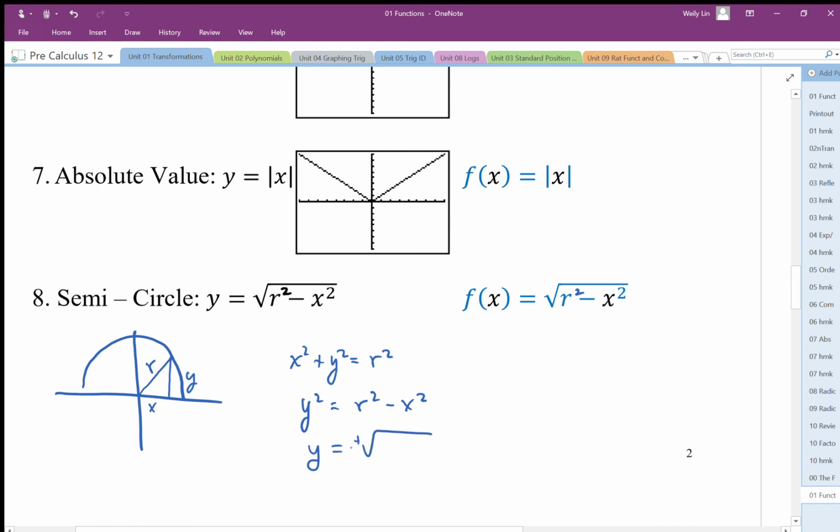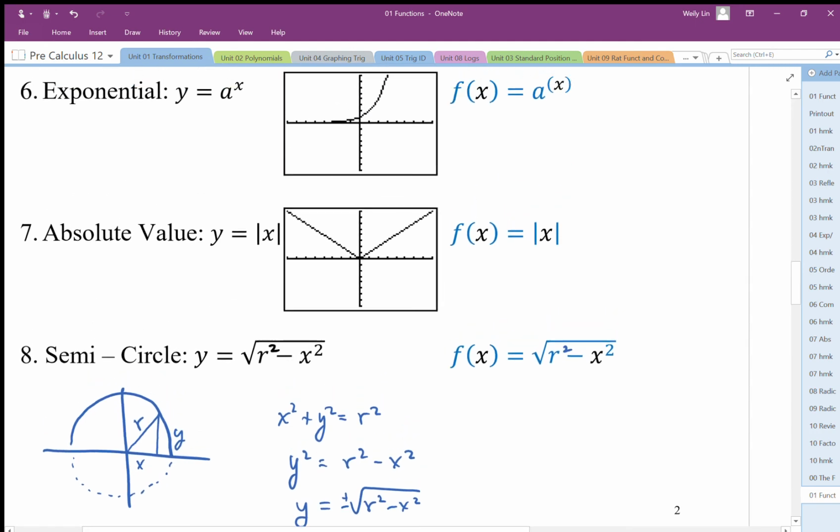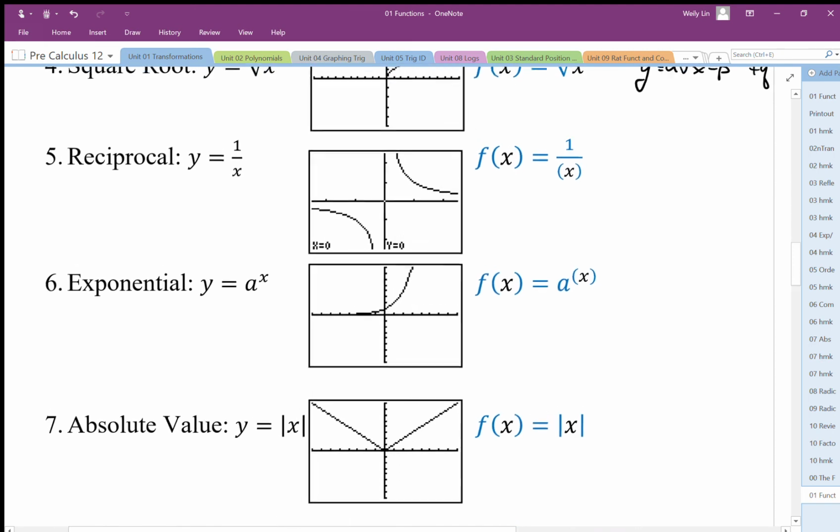I have to remember to do plus or minus when I do that. Now this will give me the top half and the bottom half of the circle, but to make it a function, I have to get rid of the bottom half, so that's why we only have the positive square root of r squared minus x squared. So this is a new function, so we're going to have to get used to this one, but the other ones we should already know, and we're going to assume that we know these, so if we don't, make sure that we familiarize ourselves with these other functions.